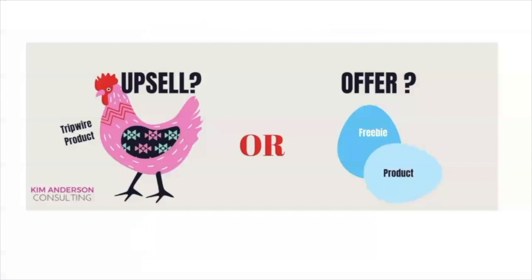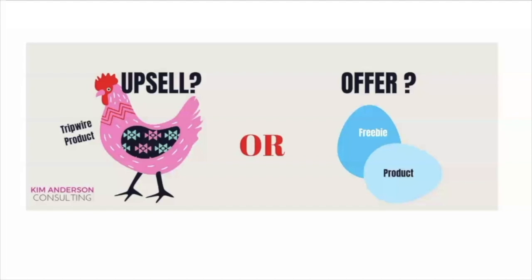So usually when I teach this concept, people will ask me, okay, if I'm going to make a freebie and I'm going to make a product, which one do I make first? So it kind of is that chicken and egg scenario I kind of laugh about here. So you can see that we've got our upsell and we've got our offer being our freebie. And so I tell people honestly, it's really a process of you figuring out what's going to work best for you.